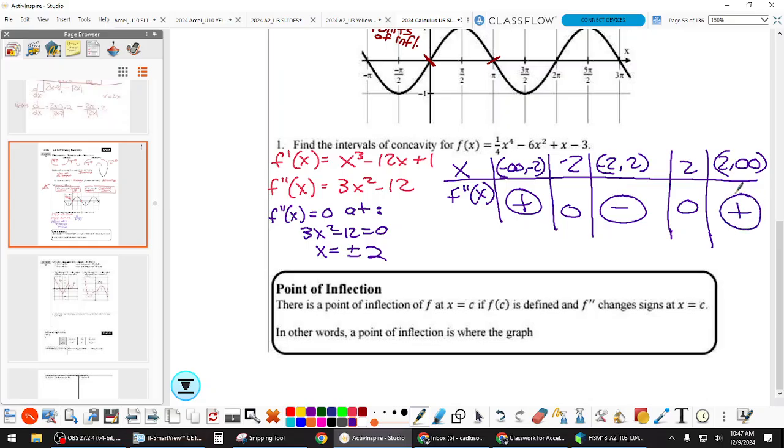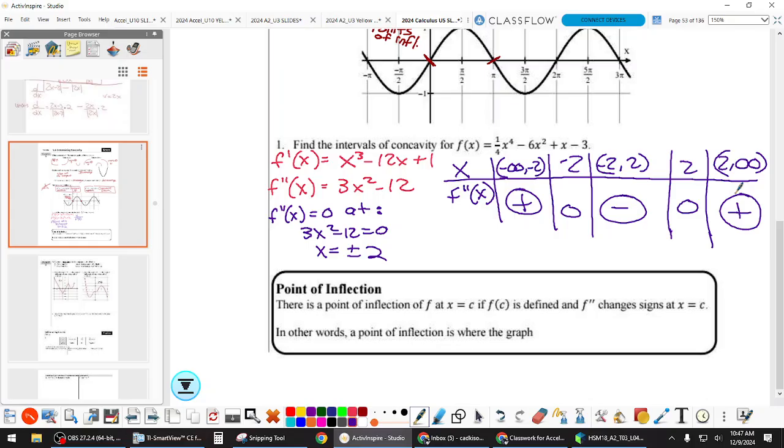That means that at x equals 18, the graph is concave down. But, okay, sorry, go ahead. No, the graph is concave down at negative 2, and then at x equals 2, the graph, or f of x, is concave.